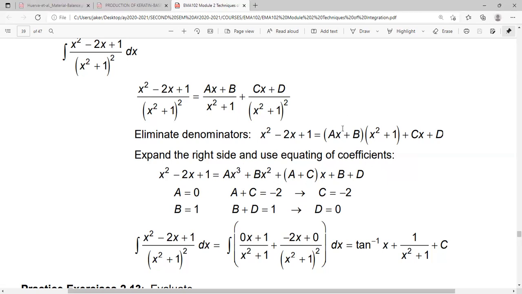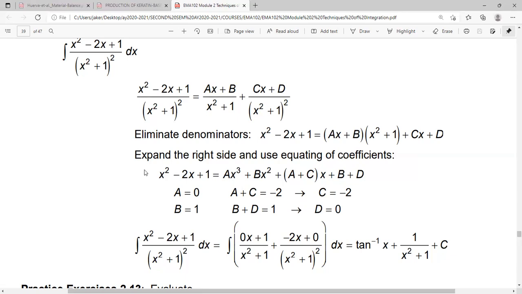Okay, so in here you have ax cubed, bx squared. This b constant and this d are together, whereas this ax and this cx are together in here, factoring the x.